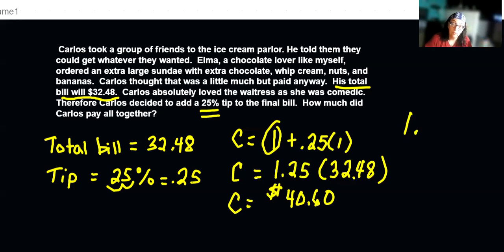If you're going to leave a 15% tip, it'll be 1.15 and times that by your total bill. If you're going to leave a 5% tip, that would be 1.05, and you multiply that times the total of your bill, and so on. Just a much quicker way to do it.